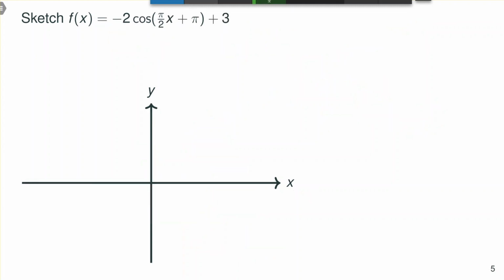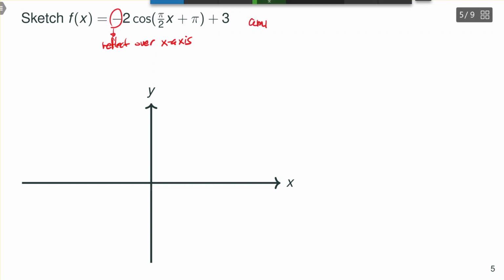Sketch negative 2 cosine of pi over 2 x plus pi, plus 3. So first of all, the negative here means we reflect over the x-axis. Then let's find all the information.